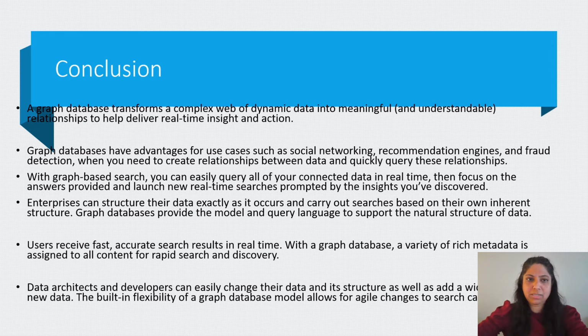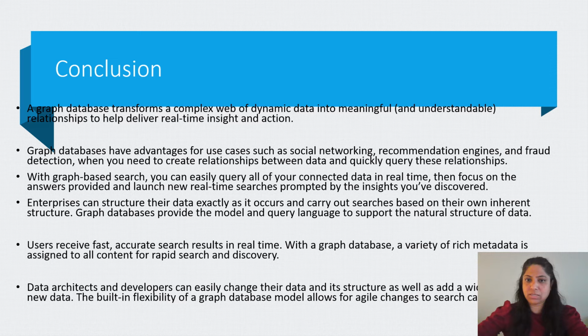To conclude the presentation, I'm going to talk about a few conclusions which we came across. The first one is that graph databases transform a complex web of dynamic data into meaningful relationships to help us deliver real-time insight and action. The next conclusion is that graph databases have advantages for a lot of use cases.